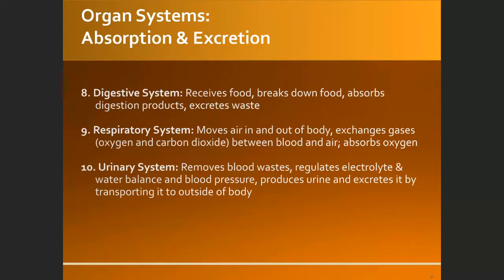The digestive system consists of mouth, throat, esophagus, stomach, intestine, and etc. And then the respiratory system consists of the nose, pharynx, larynx, trachea, bronchus, bronchi, bronchioles, and the lungs. And then the urinary system consists of kidney, ureters, urinary bladder, urethra.